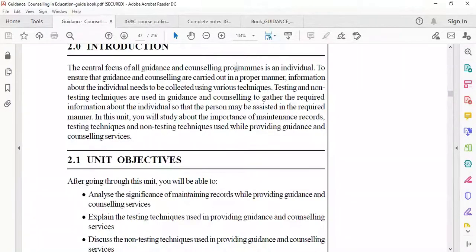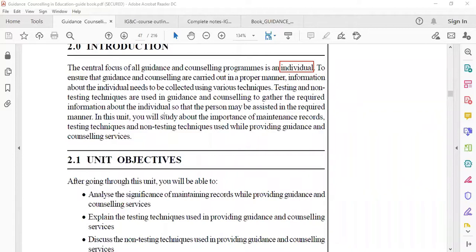In guidance and counseling, our focus is the individual. A person to whom we are giving counseling, he or she is our focus. And our focus is to solve his problem, to provide him information. And for that purpose, first of all, we try to diagnose, we try to find the existing information.